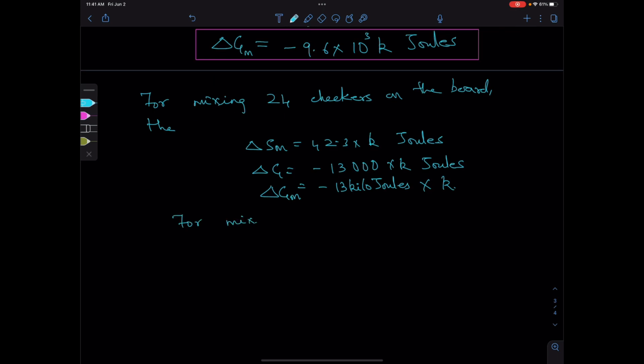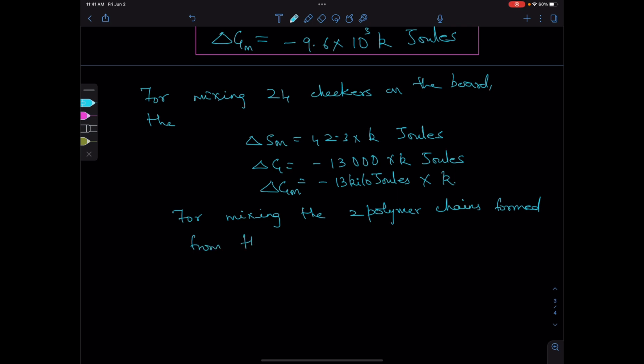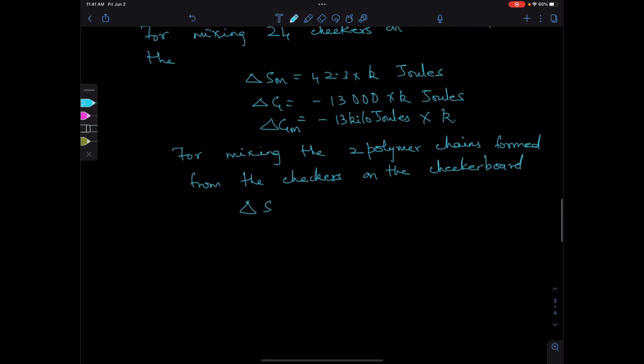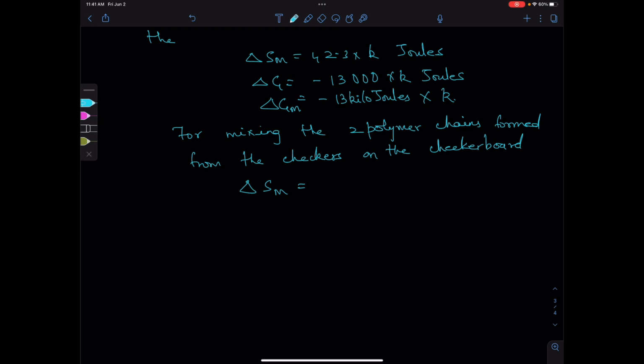For mixing two polymer chains formed from the checkers on the checkerboard, the entropy of mixing is 32.1 times the Boltzmann constant joules, and the free energy of mixing is negative 9600 times the Boltzmann constant joules.